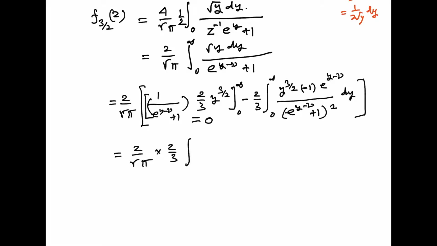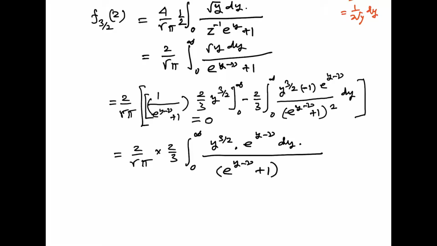integral 0 to infinity y to the power 3 by 2 into e to the power y minus nu dy divided by e to the power y minus nu plus 1 whole square.